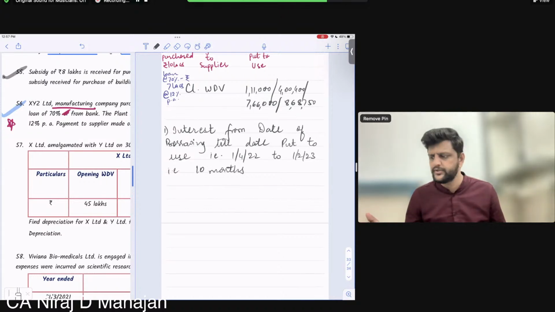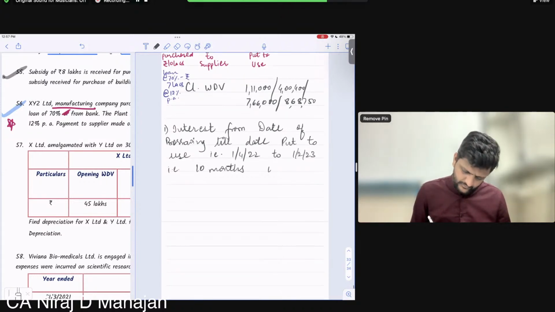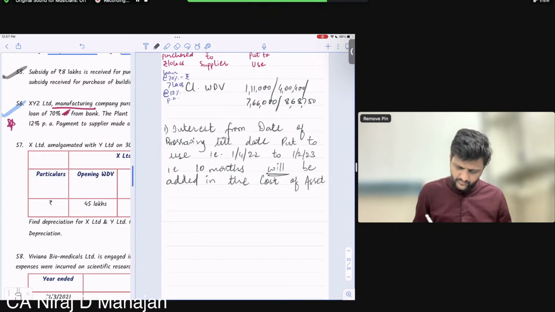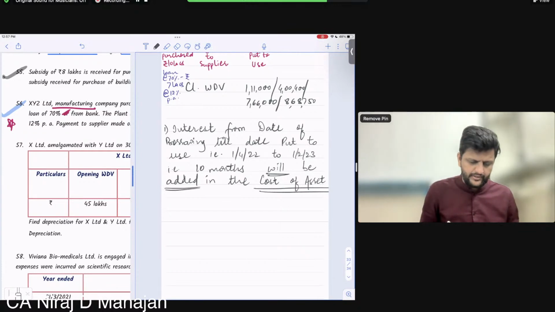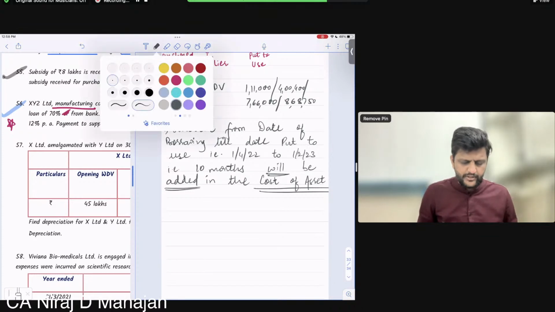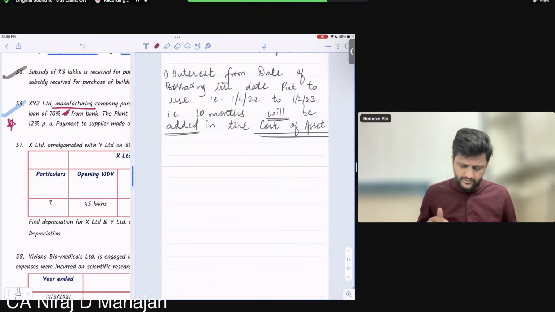That is 10 months. Will be added in the cost of asset. So first we will find out the interest amount for 10 months.